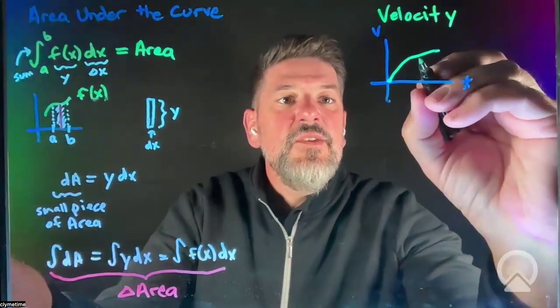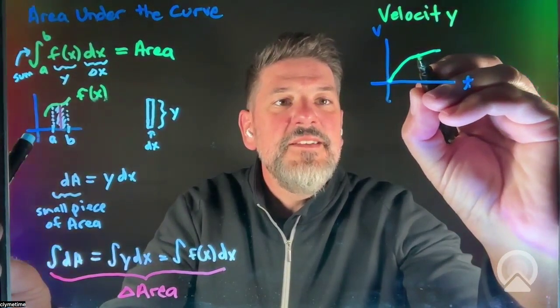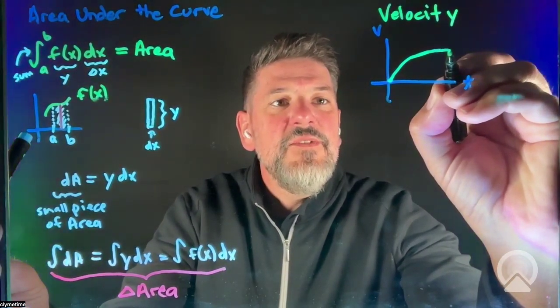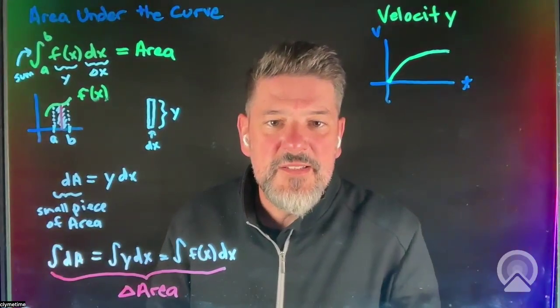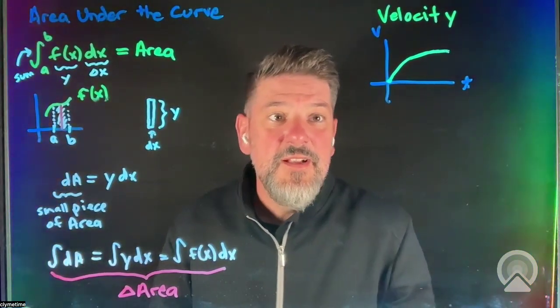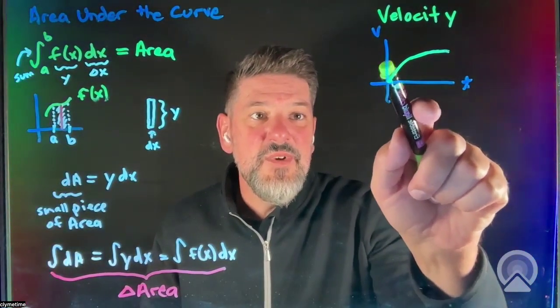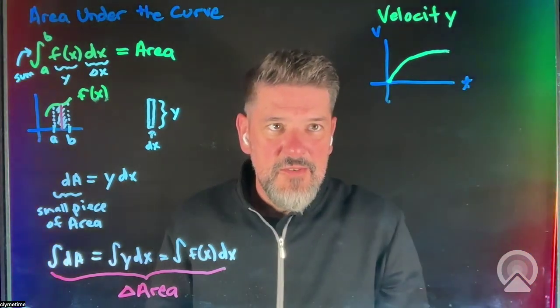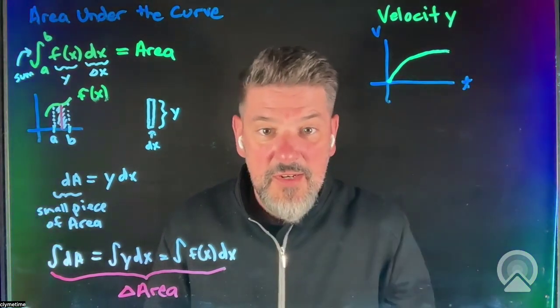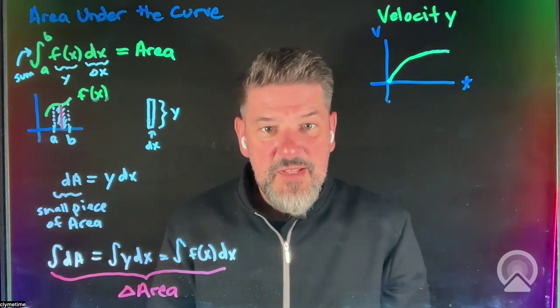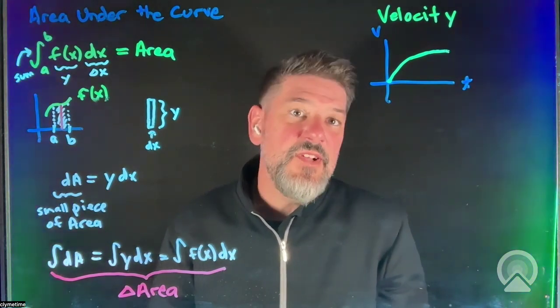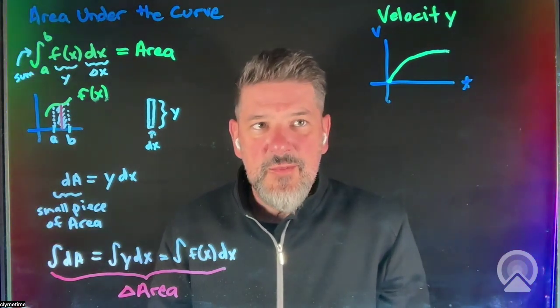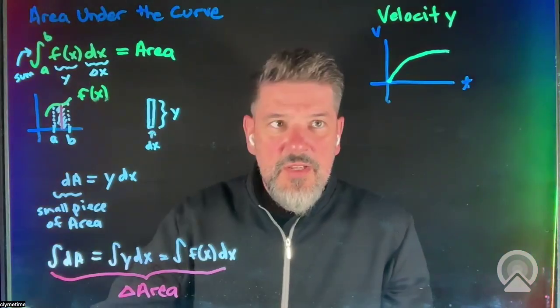At some point, you'll probably hit a terminal velocity. I don't know if terminal is the right word, but you'll flatten out, which basically means your velocity is not increasing anymore. You're at cruising speed, probably the speed limit, hopefully. And so that's what a velocity curve could easily look like after being stopped at a red light.